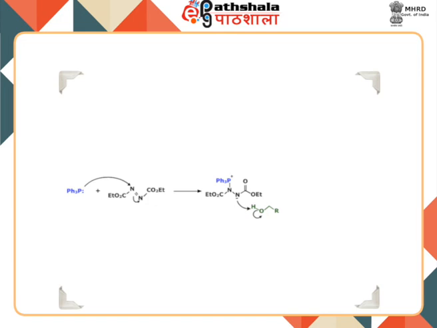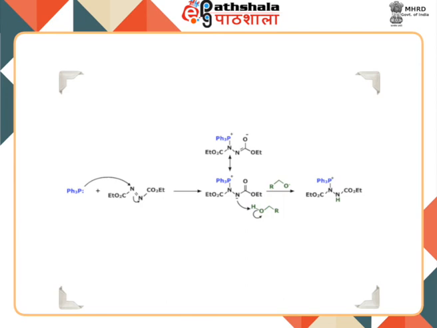And that is how from this alcohol there will be generation of this O minus, that is the alkoxide ion as a nucleophile. And this particular species you can see is also resonance stabilized via the electron withdrawing COOEt group, that is from N minus the O minus can be formed via this conjugation.